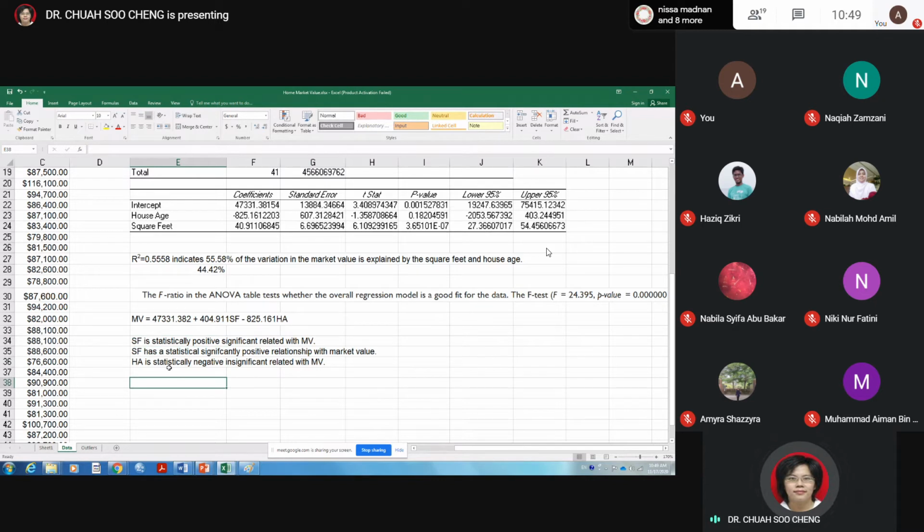So since SF is significant, we discuss in detail about SF. What it means is that the coefficient is 40.911. It means that 1, what do you call that? What, how?